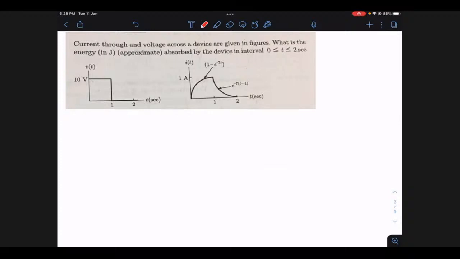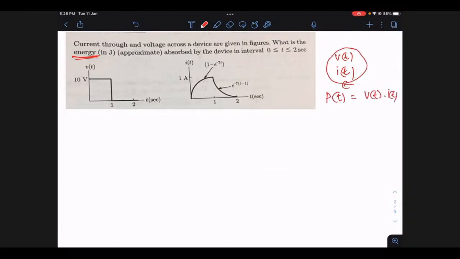Okay. So what is given? We have a device, and the voltage and current are given. What are we supposed to find? The energy absorbed. So you have to find the energy. How do you do it? Because if voltage and current are given, you can get the power. Power is equal to the product of voltage and current.